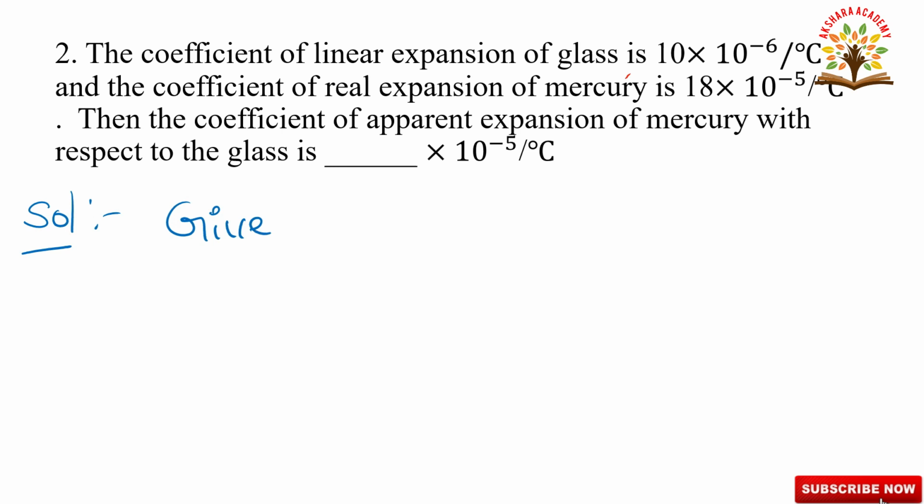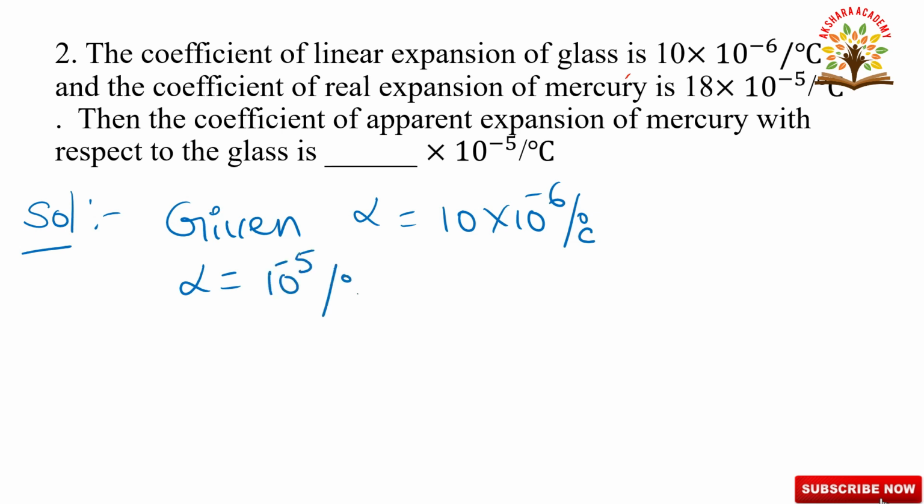Given alpha is equals to 10 into 10 to the power of minus 6 degree centigrade inverse. So this can be written as alpha is equals to 10 to the power of minus 5 degree centigrade inverse. Given gamma R is equals to 18 into 10 to the power of minus 5 per degree centigrade.